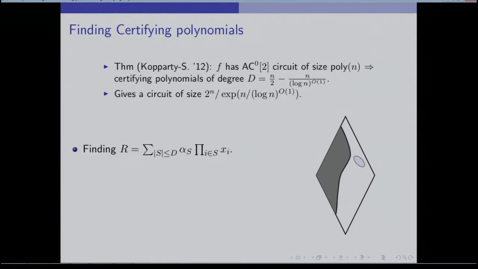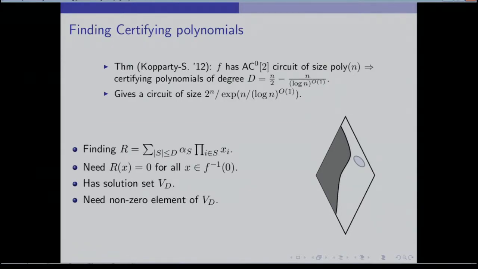And now I treat these coefficients as variables that I need to solve for. For each point in the 0 set here, I need the polynomial to be 0 at this point. So that gives me a constraint on these coefficients. I can write down the system of constraints and I can solve. So for each of these, there's a constraint I can solve, and this solution is some sort of vector space, and what I want is a non-zero element of this vector space.